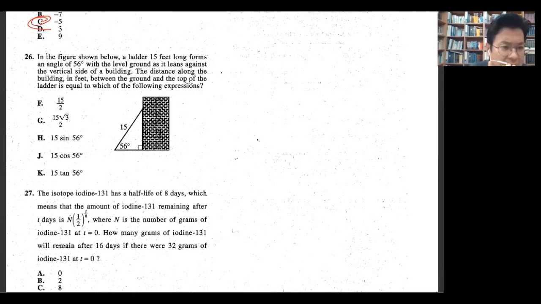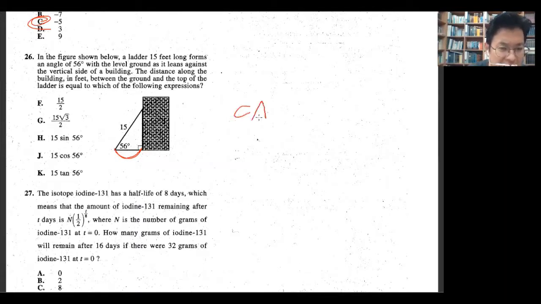In the figure shown below, which expression can you use to find the distance along the building between the ground and the top? So we have to use cosine because we know the hypotenuse and we're figuring out the adjacent.